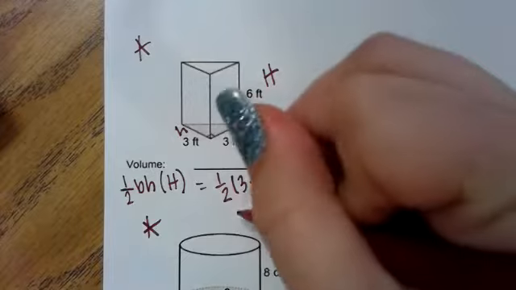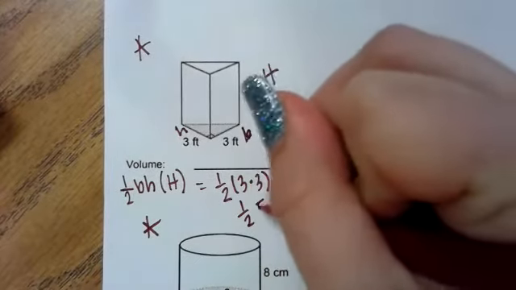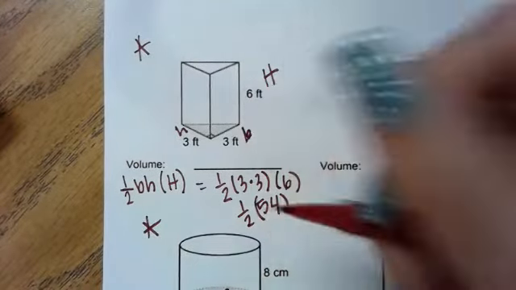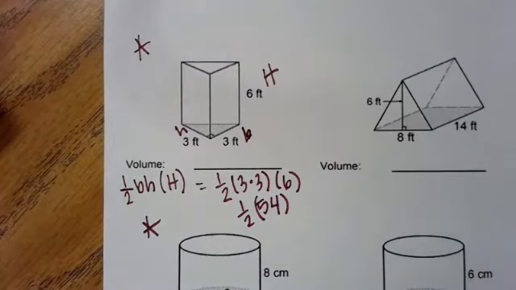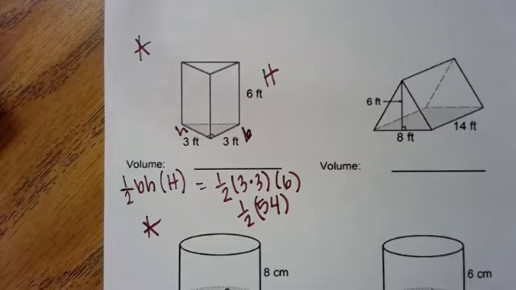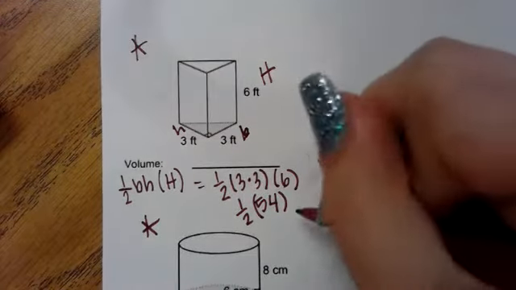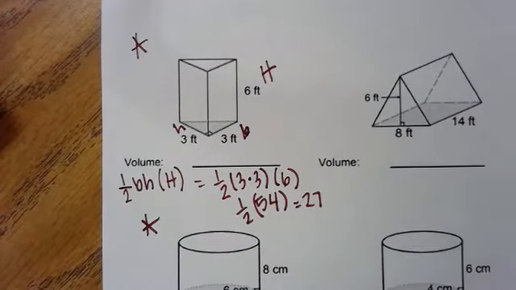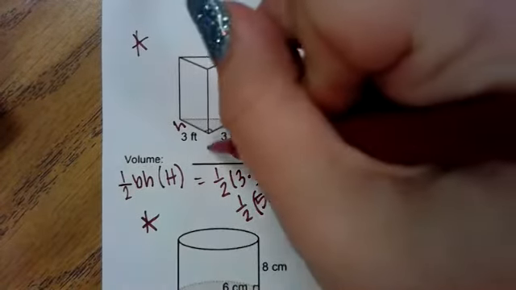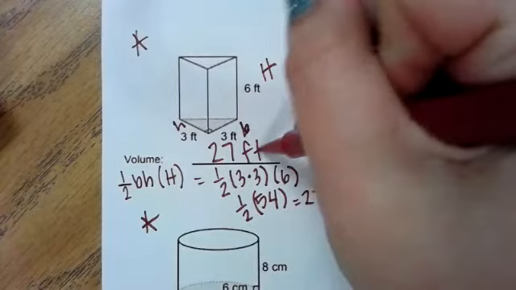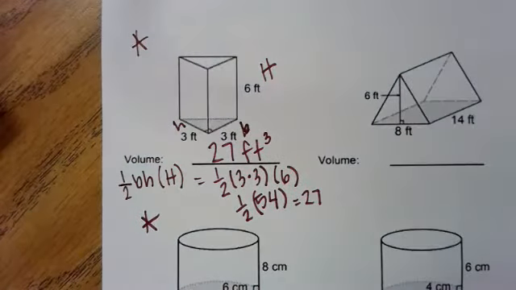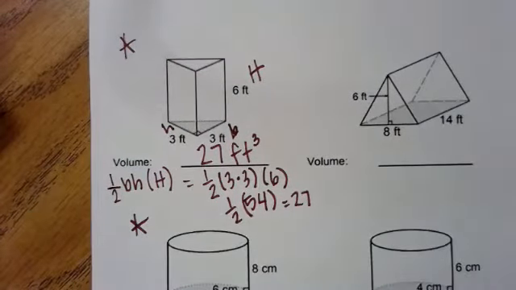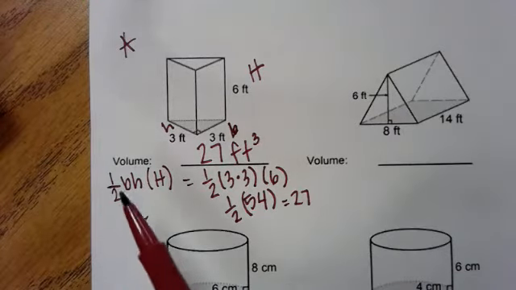Now we need to figure out what half of 54 is, and I believe that is 27. Yes, 27. So the volume of this triangular prism is 27 feet cubed, since we are working with volume.